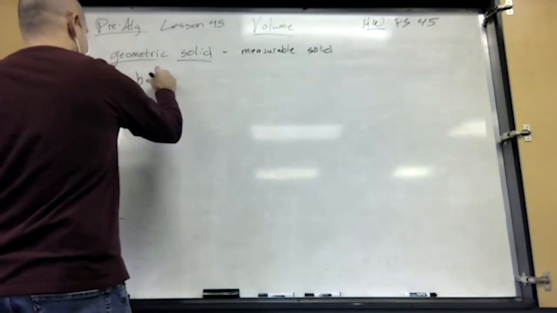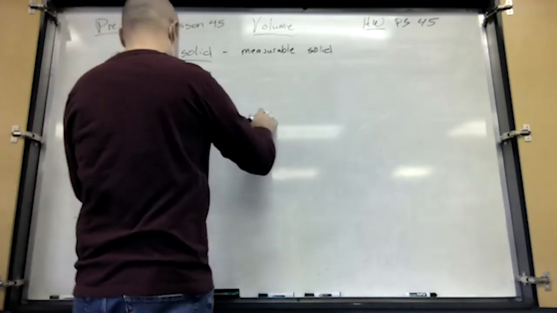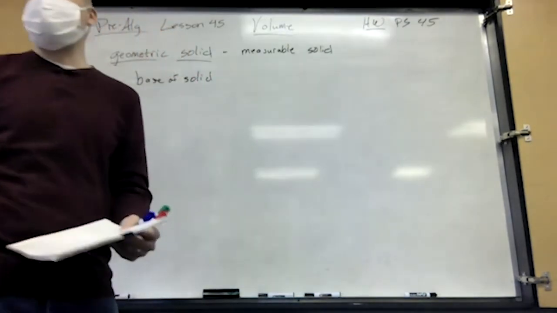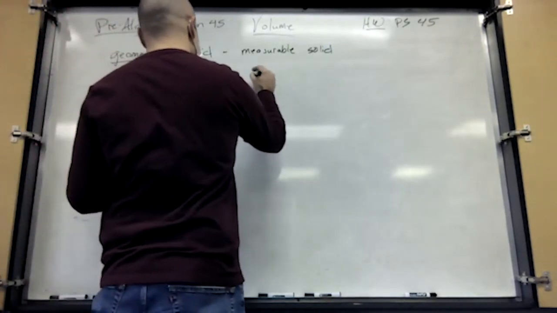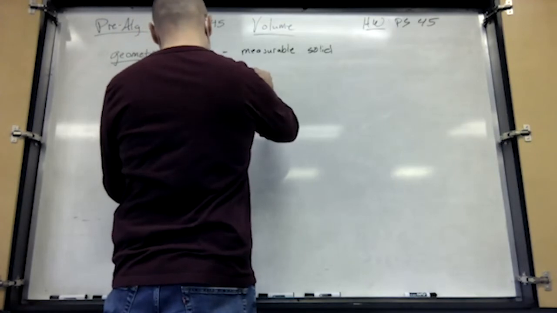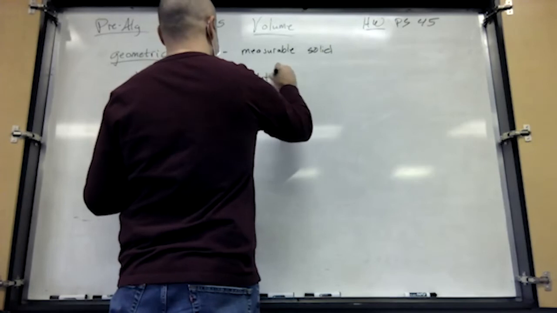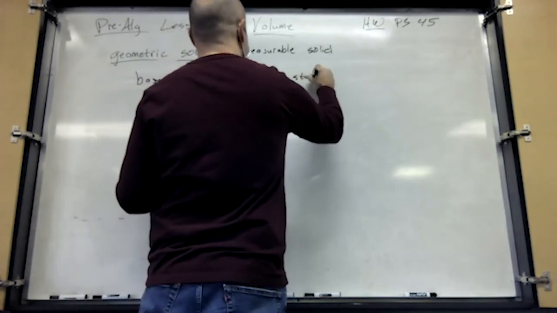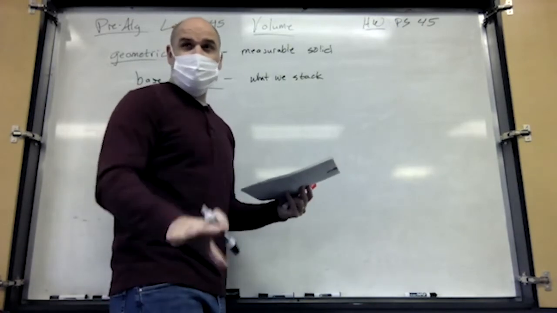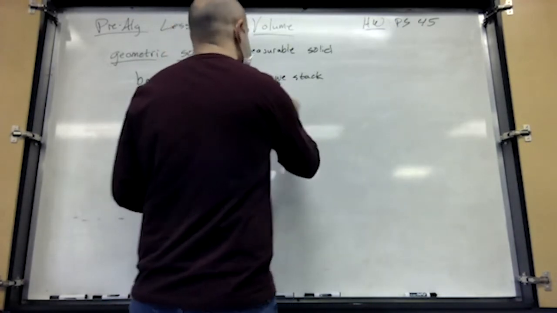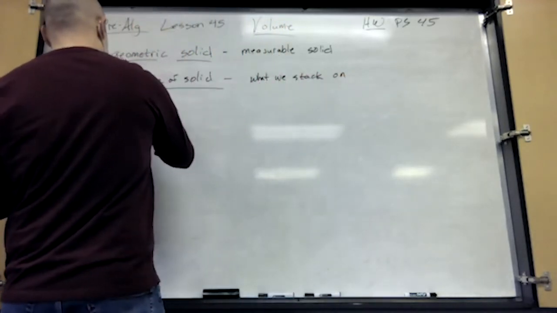The base of a solid is what we stack all the stuff on. So when we have stacks of boxes, this is the base, this is the floor of the room that we're putting boxes in.